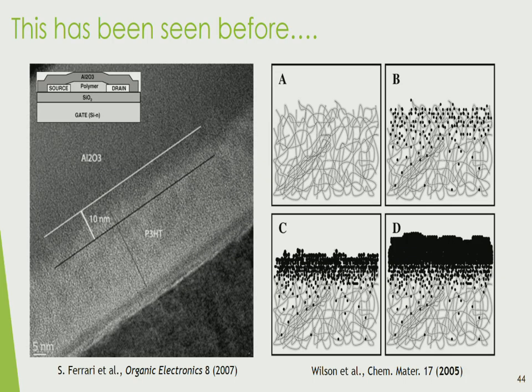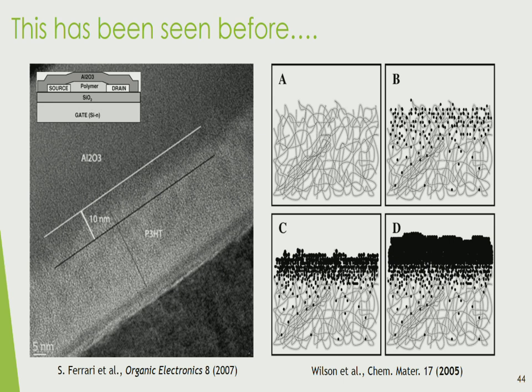Taking it back a little bit further, these are some of the first papers that showed ALD on some sort of polymer. It's a group out of Italy, in which they were doing ALD of aluminum oxide onto P3HT. The P3HT is this layer right here.